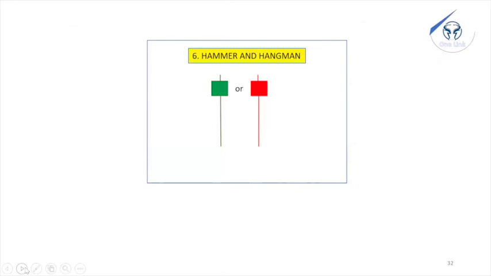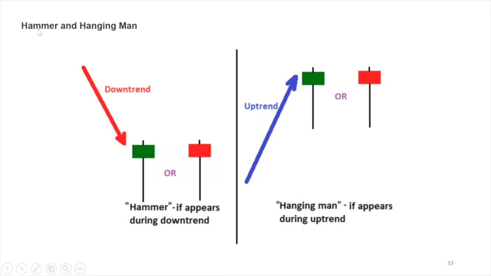Another pattern I'm going to talk about is the hammer. What I told you earlier about the hangman is still the same; I'm basically repeating it. The hammer and hangman both appear in a downtrend.